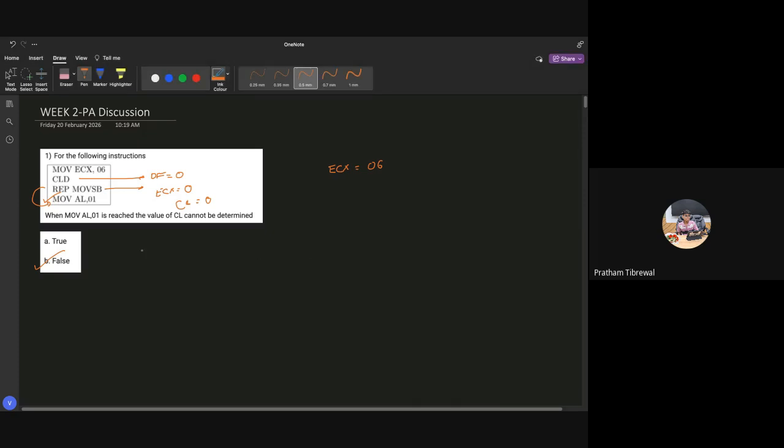Here, basically, the third line is REP MOVSB. The loop will go on until ECX equals 0. It will check, and it also decrements the ECX, and once ECX equals 0, it will go to the next line.